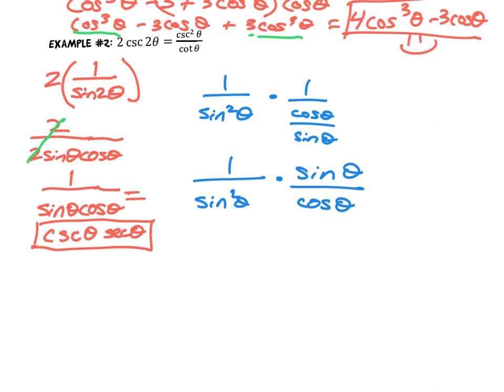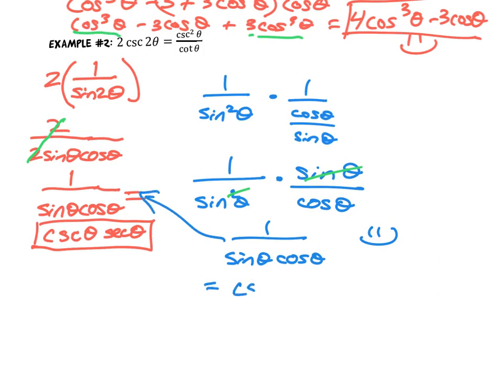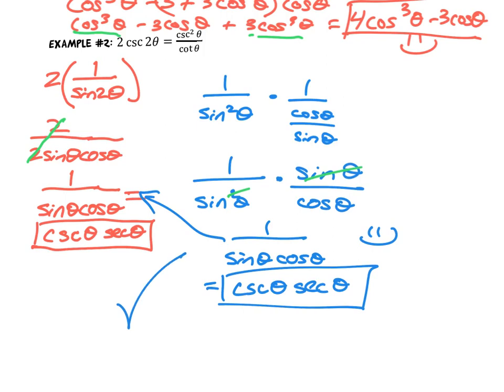All right, and since I'm multiplying, I get 1 over sine theta cosine theta. And I'm already happy because I know that that's what that is. But to finish it up, we can go ahead and write cosecant theta secant theta. Check. We got the 2 identities.